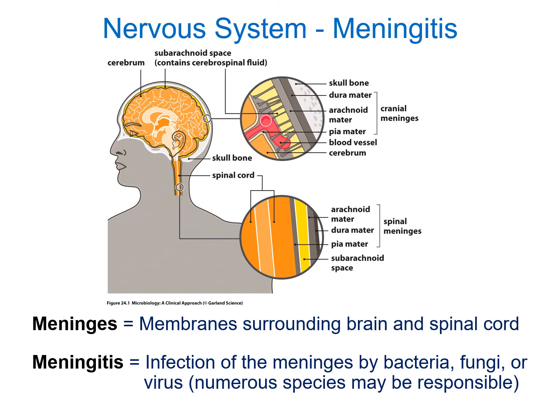So we have the dura mater, the pia mater, and in between that we have the arachnoid mater. And these tissues cover the brain, and they're continuous with the same coverings that cover the spinal cord. Meningitis is an infection of the meninges, usually by bacteria, but it can be by fungi or virus as well.